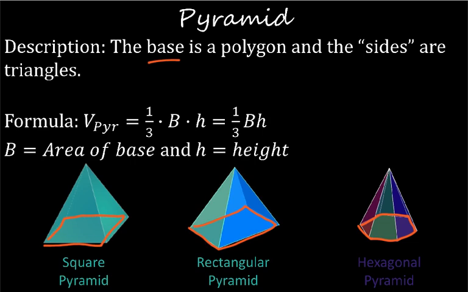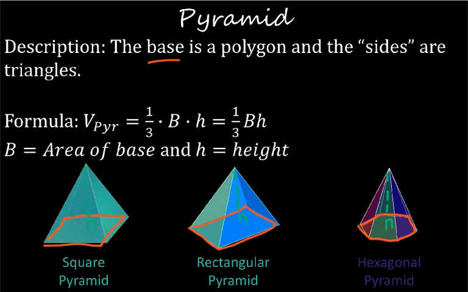And the height, it's important, comes down from the apex down to the base, and it intersects at a right angle. So that is an important feature, and I guess that's true of all of these heights. I just didn't say it.